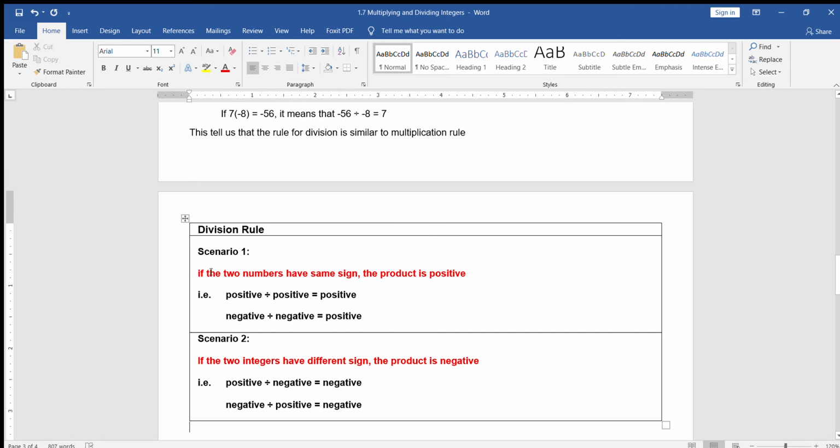So the division rule has two scenarios. Scenario 1, both numbers have the same sign, so not the product, the quotient is positive. Scenario 2, if the numbers have different signs, the quotient is negative.